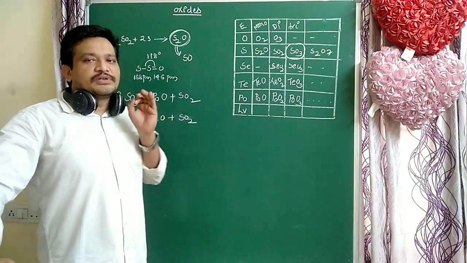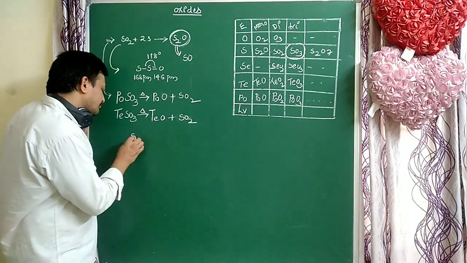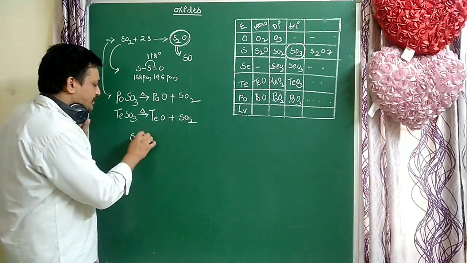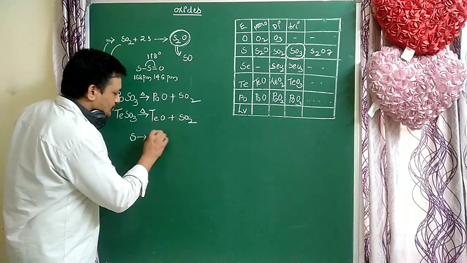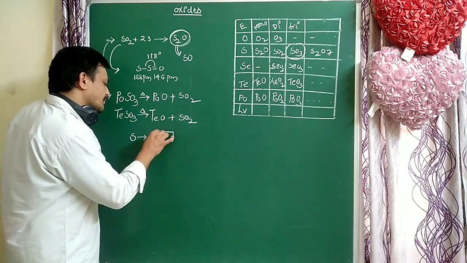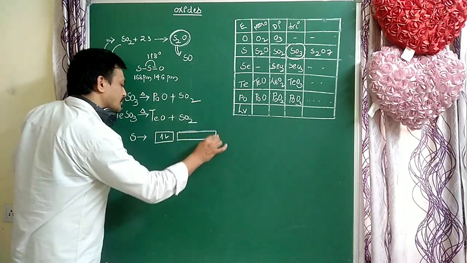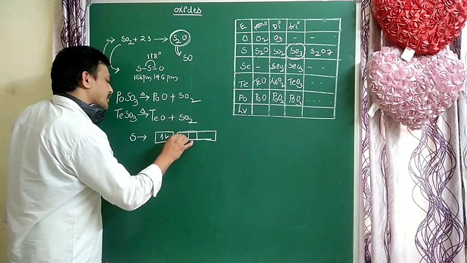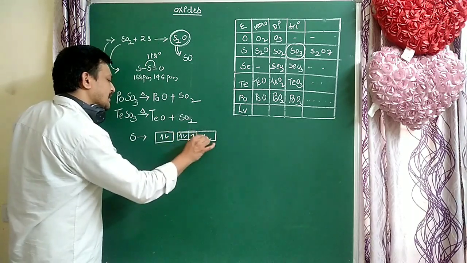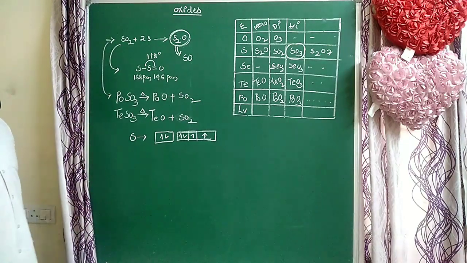For example, take sulfur. Its valence electron configuration is 3s2 3p4. One pair is there and 2 single electrons are there. The 2 single electrons are involved in bond formation.